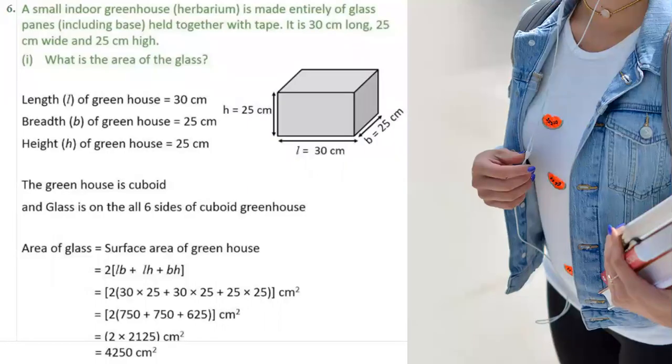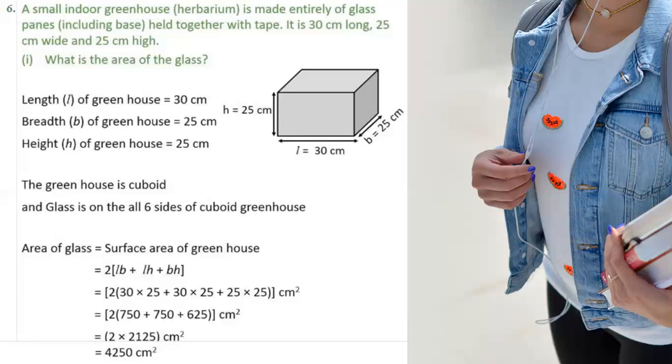So here, we are given a greenhouse which is 30 centimeters long, 25 centimeters height and 25 centimeters wide. So it is obviously a cuboid with length L equal to 30 centimeters, breadth B equal to 25 centimeters, and height H equal to 25 centimeters. Now we need to find the area of the glass.